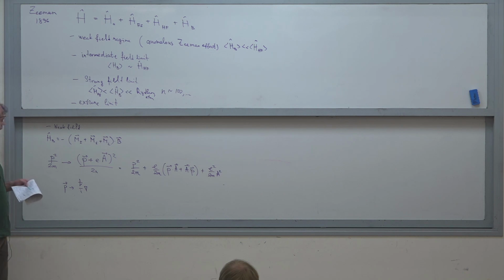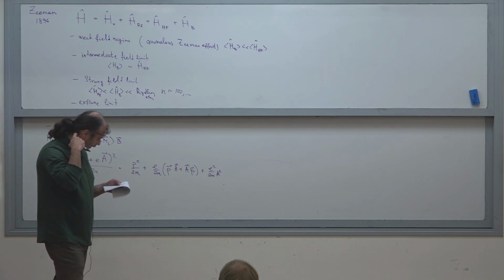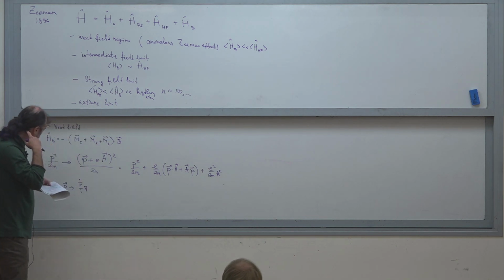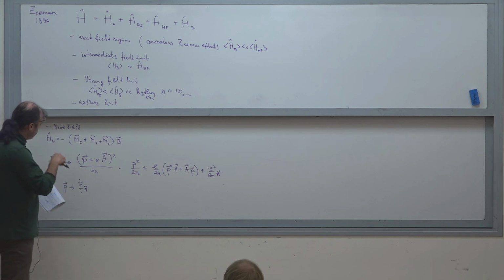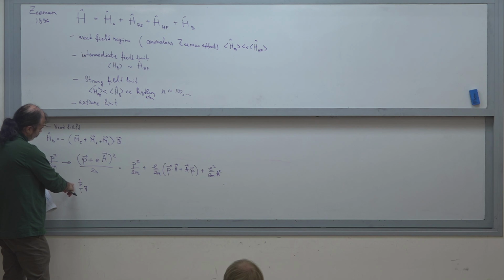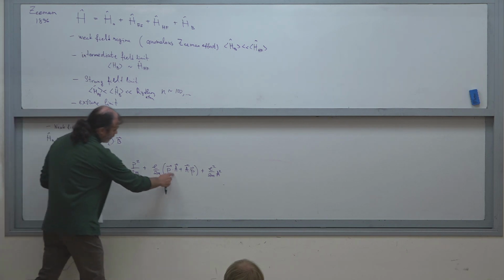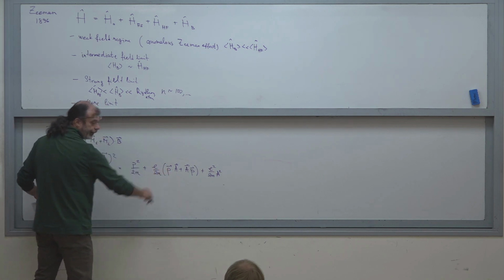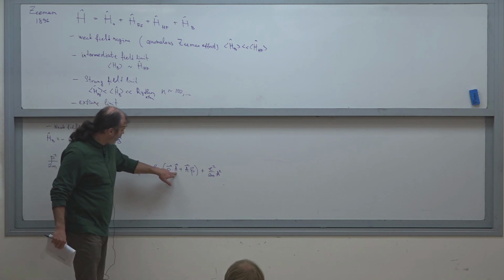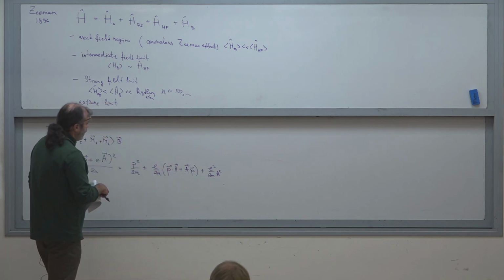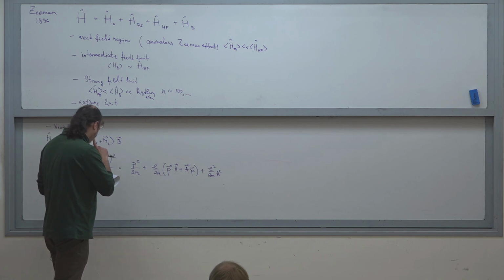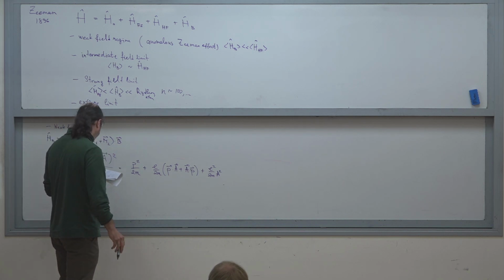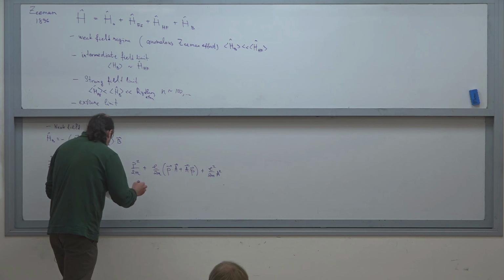I think that there is no minus, but we'll check that later. So this operator should be replaced here. What we have here is this gradient operator multiplied by the vector potential. So we can write it like that.